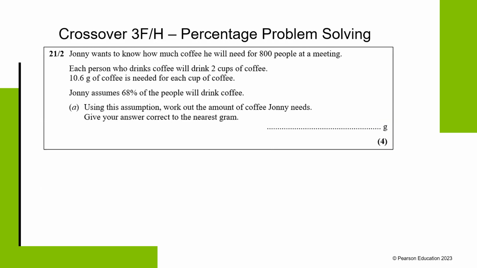But where candidates didn't show all of their stages of working, they simply stated incorrect percentage values, and so no further marks could be given because the processes weren't communicated properly. But yes, lots of coffee that Johnny needed for his meeting.